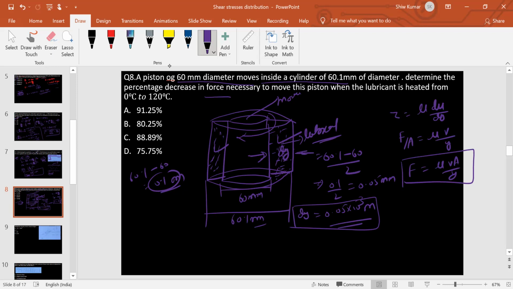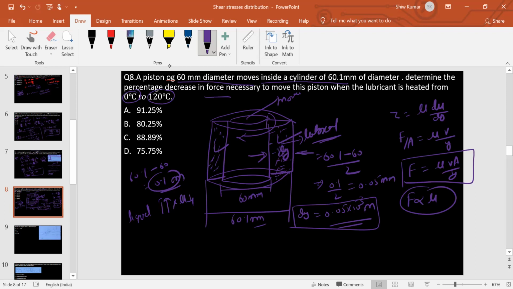Why? Because here the temperature is increasing. And we know that in the case of liquids, as the temperature increases, the viscosity must decrease. So I can say that the force is directly proportional to dynamic viscosity.